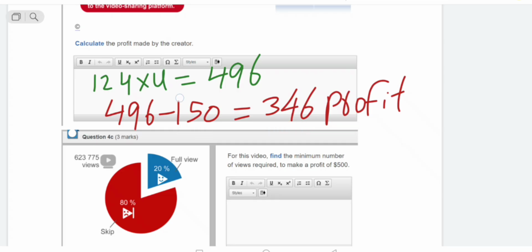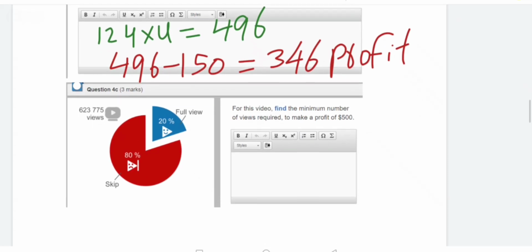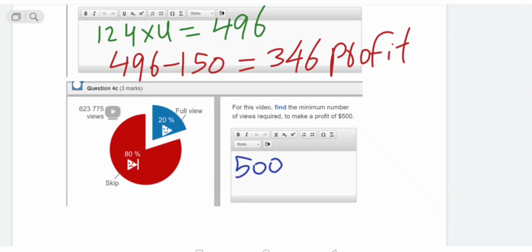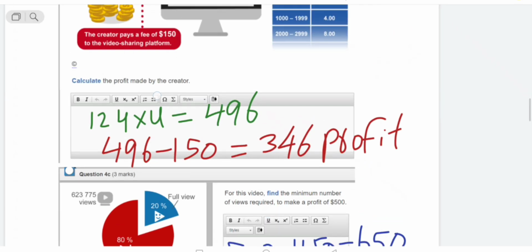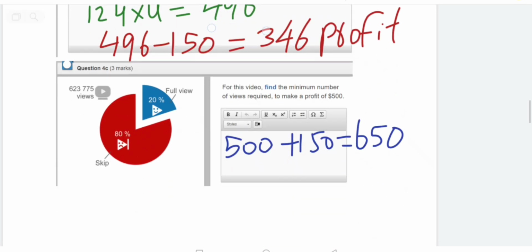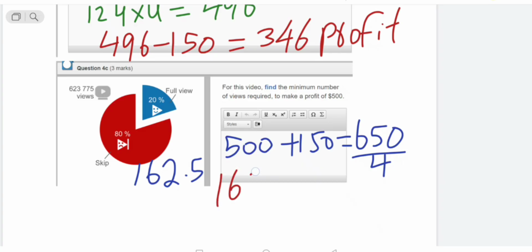We were subtracting 150, we will add 150. So it will be $500 plus 150, which is equal to 650. After that, we multiplied by 4, so the opposite, we will divide by 4. When you divide by 4, it is equal to 162.5. Approximately, it will be 163.